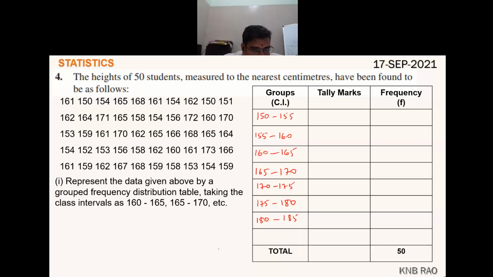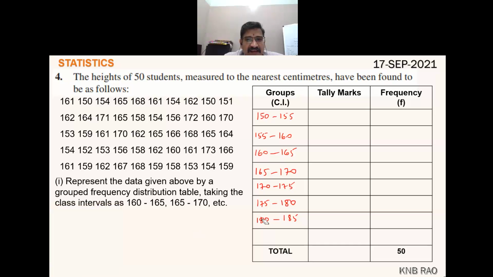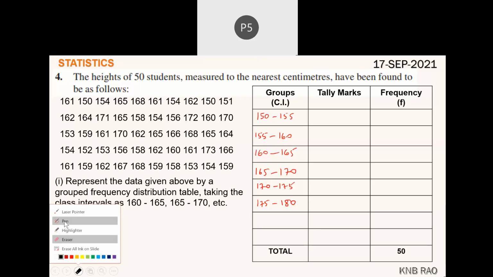Sir, 170 to 175 is enough. These two will not be needed. That is the reason why I asked you for the highest and lowest interval. Tell me which is the lowest value. 150.